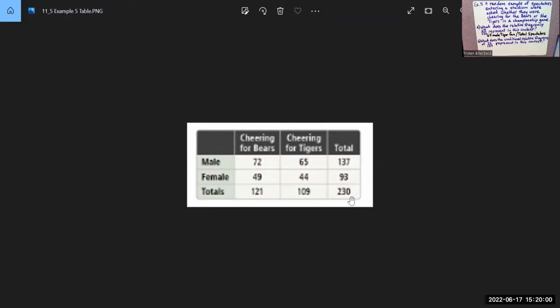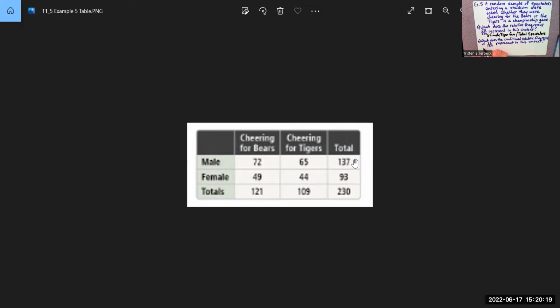All right, so now let's look at the conditional relative frequency of 72 to 137. So 72 men were cheering for the Bears out of the total men who were spectators.